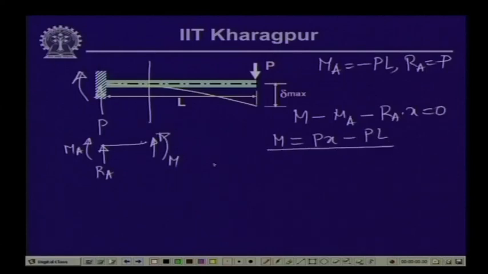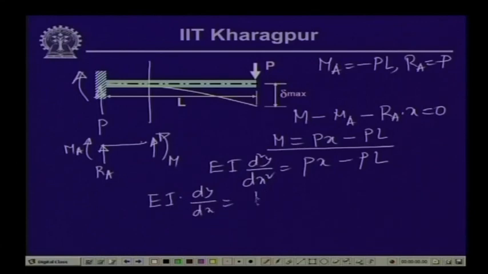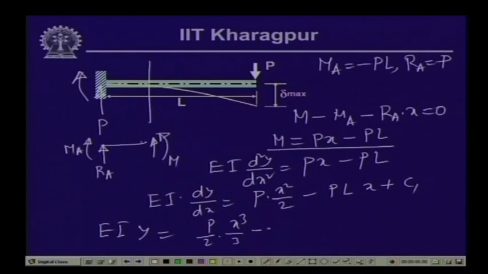Now, if we substitute this, we have E I d2y/dx2 equal to P x minus P L. Then we get E I dy/dx equal to P x square by 2 minus P L x plus C 1, and E I y equal to P by 2 into x cube by 3 minus P L x square by 2 plus C 1 x plus C 2.